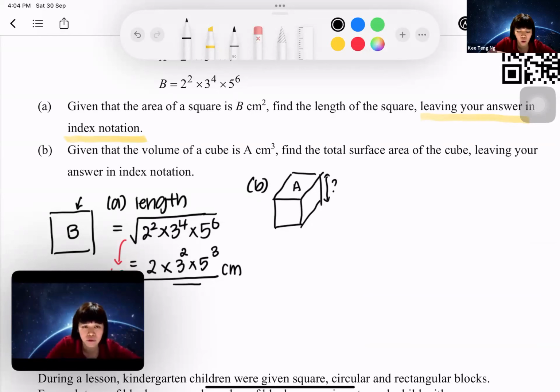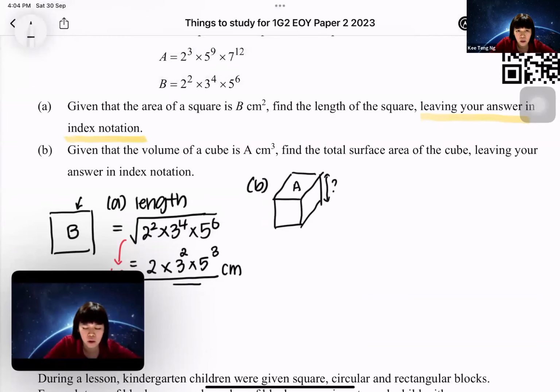I'm given the volume. To go from length to volume, you cube it. But now you want to undo the cube to get back to the length, so you take the cube root. So to find the length, you take the cube root of the volume.